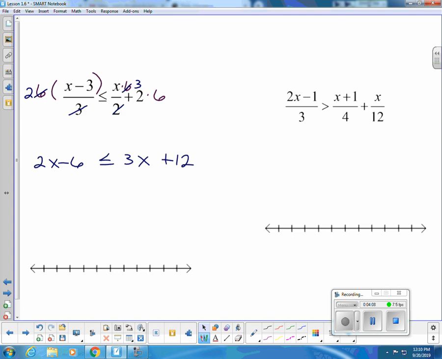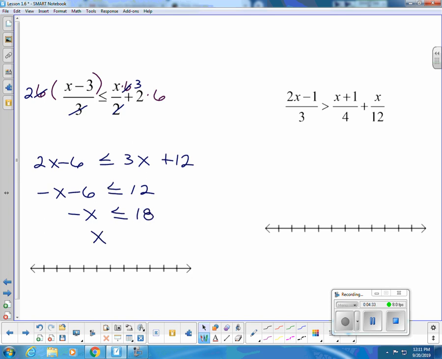So now we don't have fractions, and we can go ahead and solve that. So you're multiplying each term by 6 and dividing any denominators that you had out. And then distribute whatever. Okay, so I'm going to bring this 3x over. I'm going to move my 6 over. And I have a negative x.